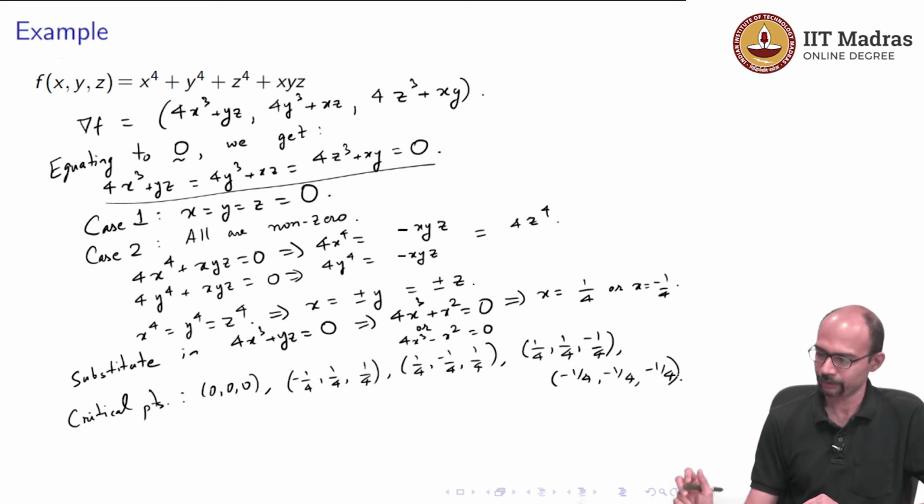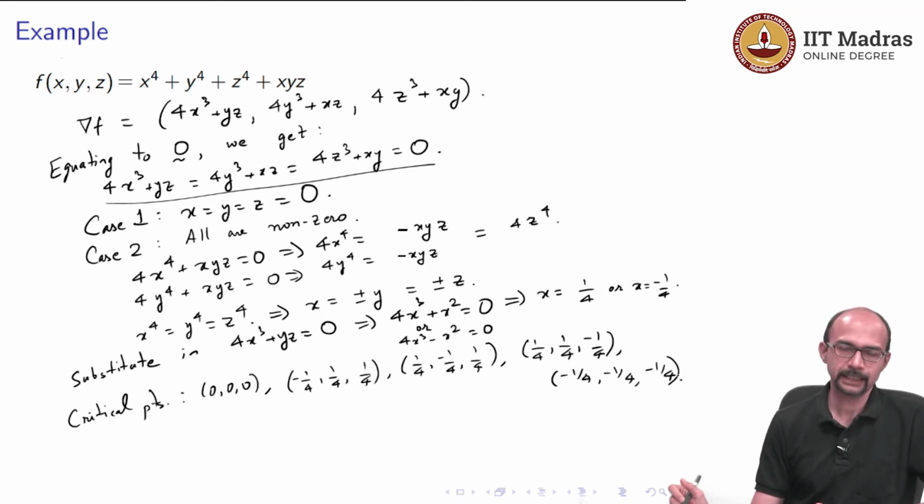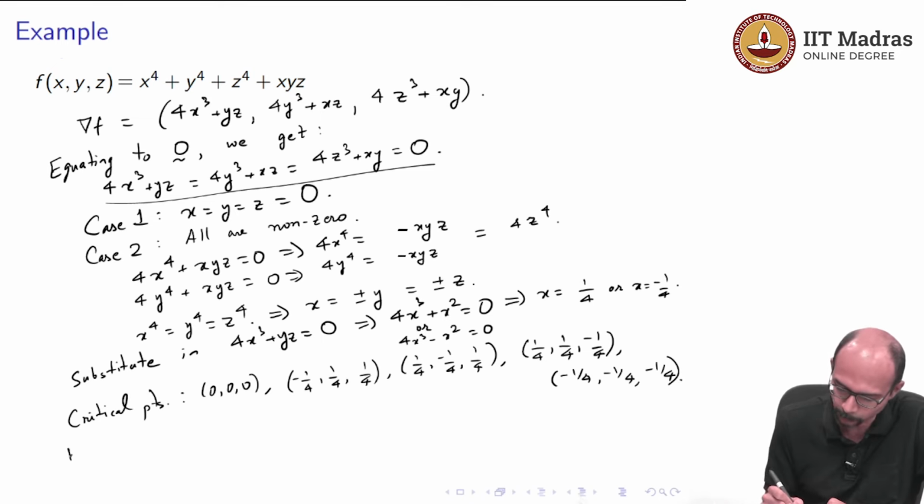So, these are the 5 critical points that you will get, and now we have to check the nature of these critical points. So, let us see what is the Hessian.